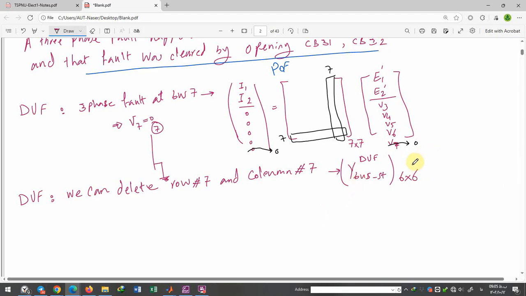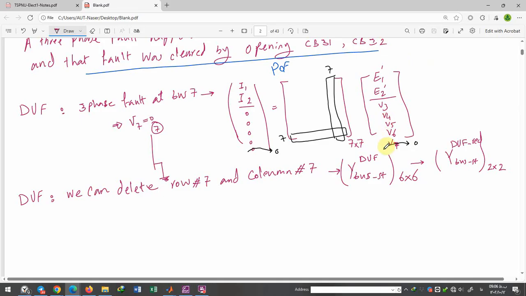And after that we can run reduction. Y bus stability during fault reduction, and its dimension is 2 by 2.